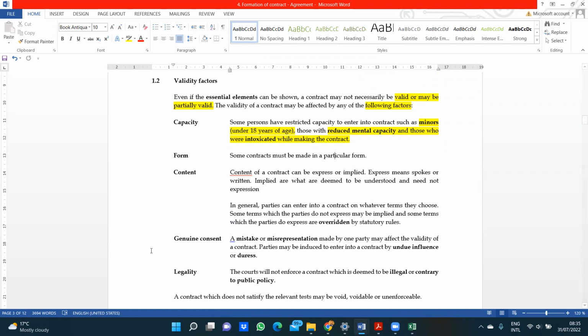For example, under capacity, here we see minors, someone under 18 years of age, someone with reduced mental capacity, or someone who has been intoxicated while making the contract. These factors will affect the contract. Form: some contracts must be made in a particular form.